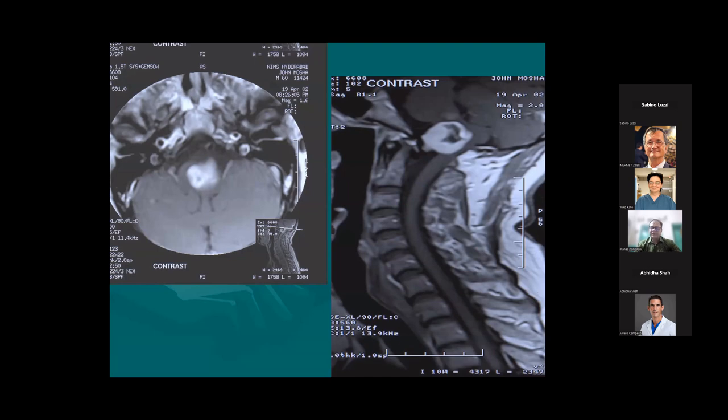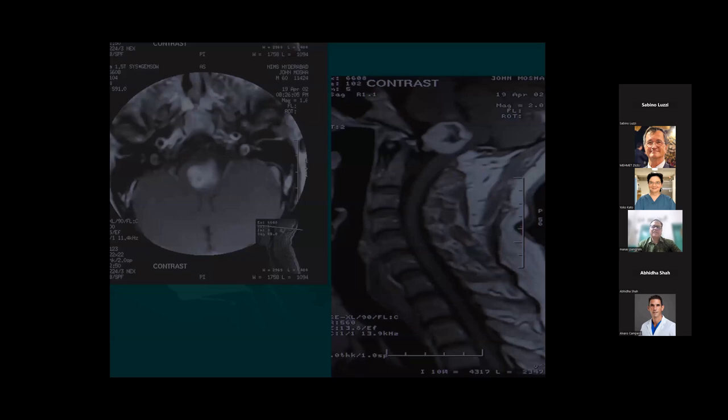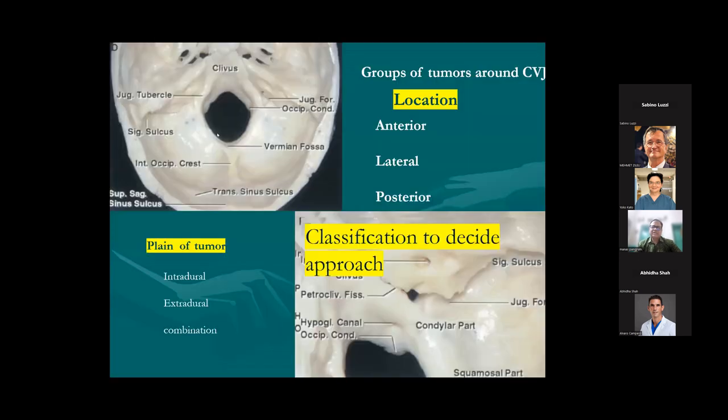But if the tumor cannot be seen on the surface, then one has to have an alternative approach. So to decide the best way, we classified the tumors depending on the location, whether it's an anterior, lateral or posterior attachment, and the extent of the tumor, whether it is purely intradural, purely extradural, or a combination of extradural and intradural.